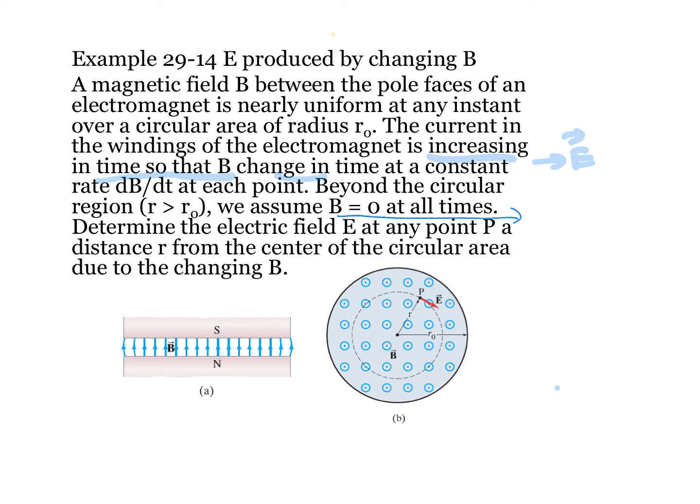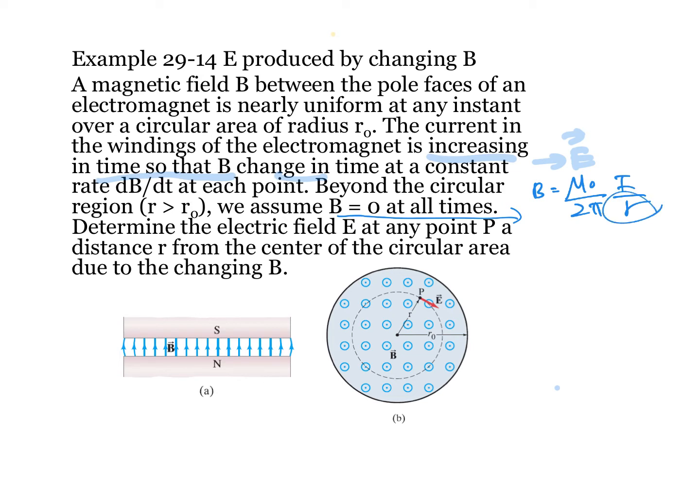We already proved this one, because B equals mu naught I over 2 pi R, so the magnetic field decreases with the increase of distance.